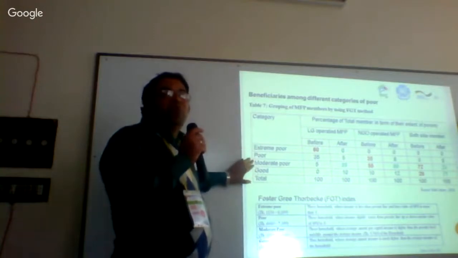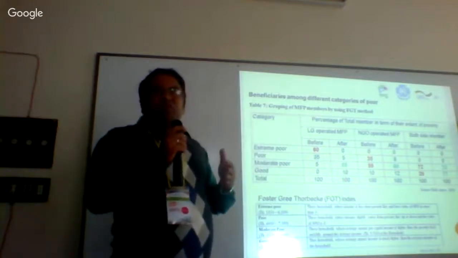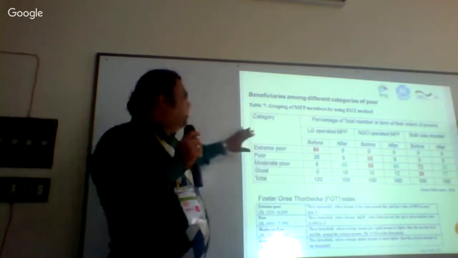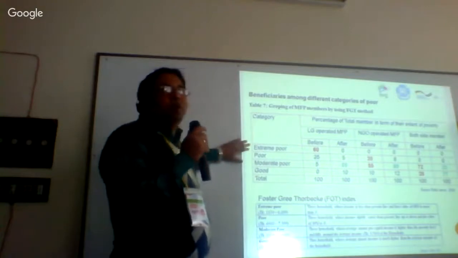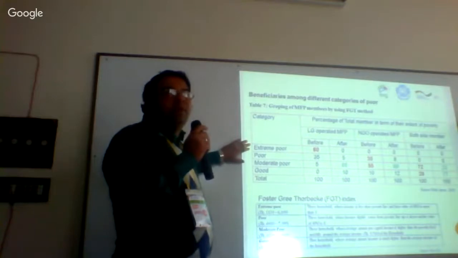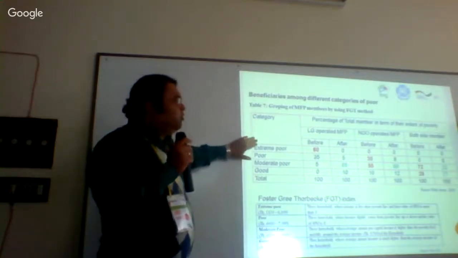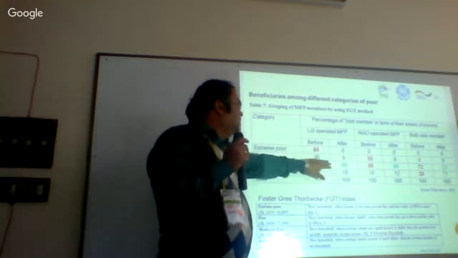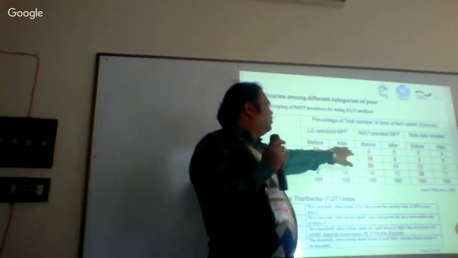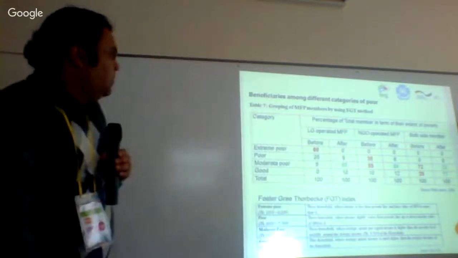So NGOs want to ensure their money, because their money has been taken from other sources. So they are not interested in involving the extreme poor. But as a local government organization, the municipality is a service providing agency, so they take this risk to involve the extreme poor level. And we find the result was 60%, and after that the result is 0. So that was the achievement of this project.